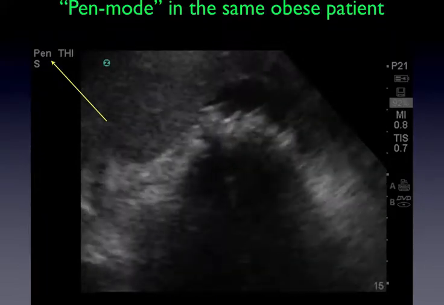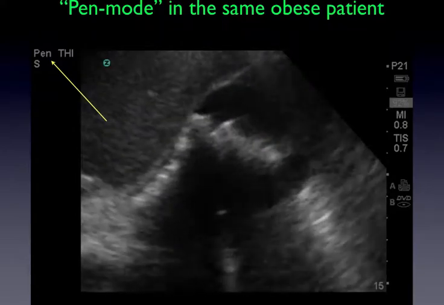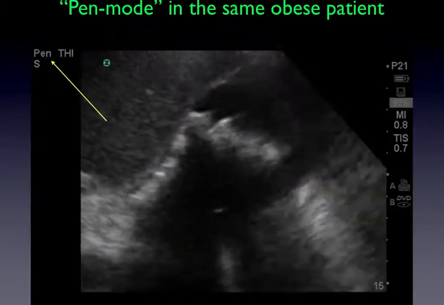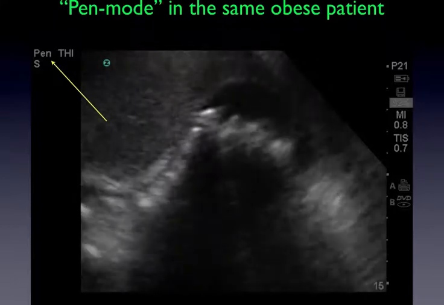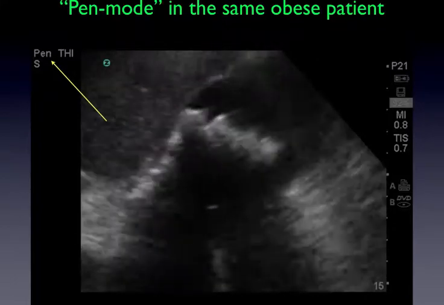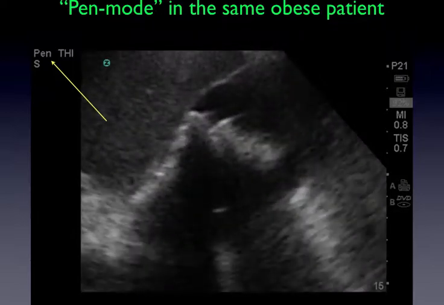You don't get a very clear image, so this is not unusual in terms of quality, but you do get very good penetration. So it's a trade-off again. You're able to see what you want, but just not as clearly as compared to I can't see what I want at all. Just something to think about for the obese patient.